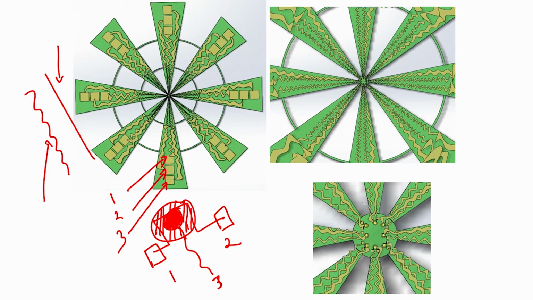Now, if you see this one, the sensors are right in the center, they are extremely small, and if I go on magnifying it, I can see clearly this one for the gold electrodes, and this one for the piezoresistive sensor, correct.